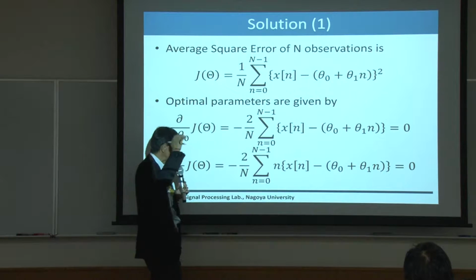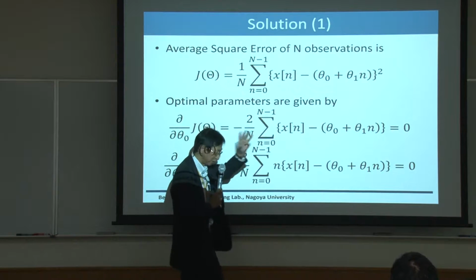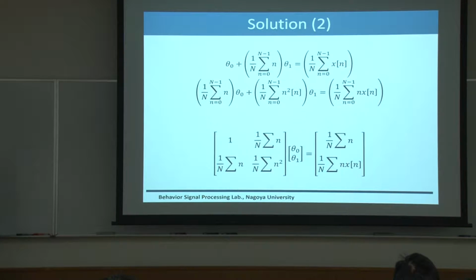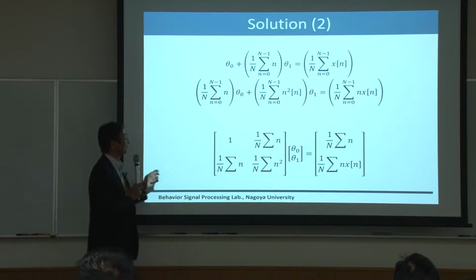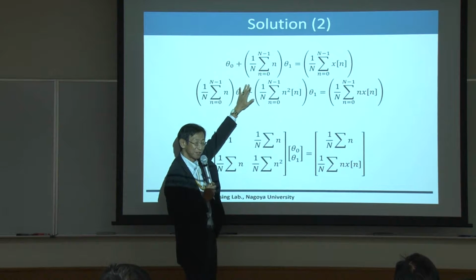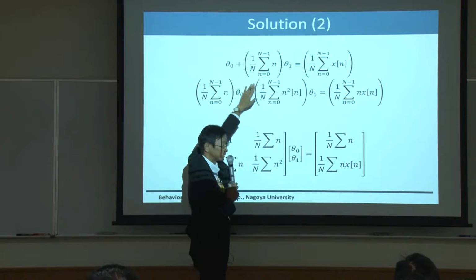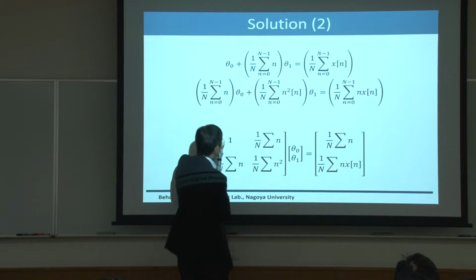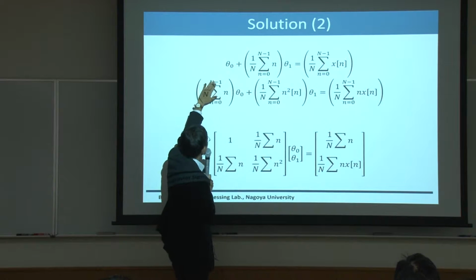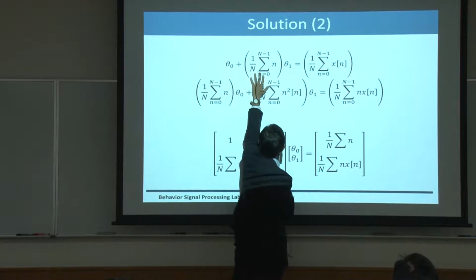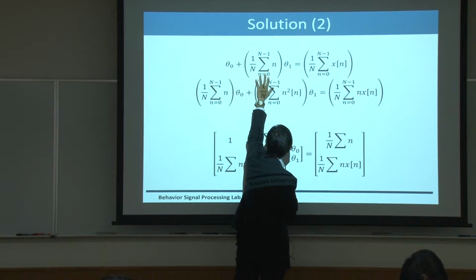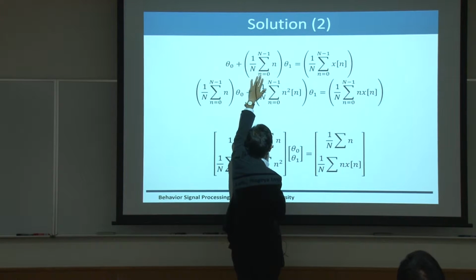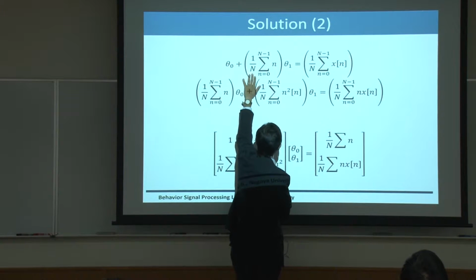I don't know how fast you can calculate this in your brain, but believe me, the result becomes like this. Here's a simultaneous equation for theta 0 and theta 1, and the coefficient of each term is like this. Here's a sum of the index n from 0 to n minus 1, averaged over the number of samples.